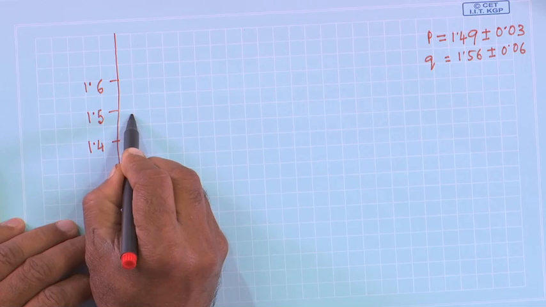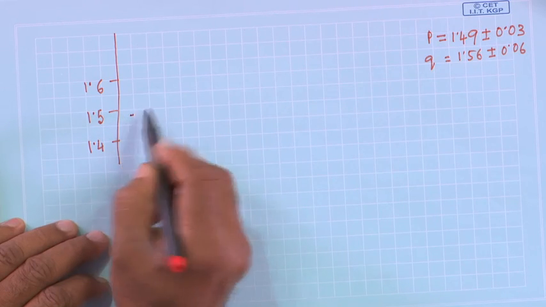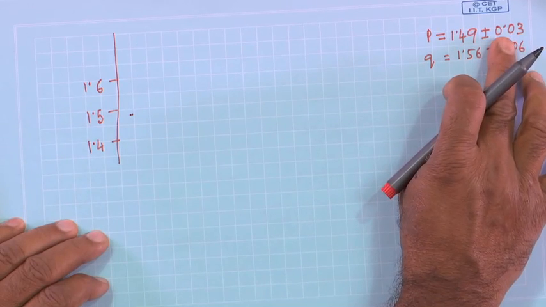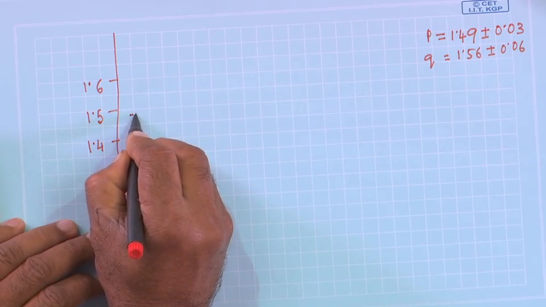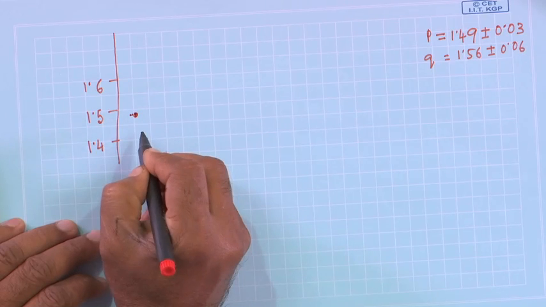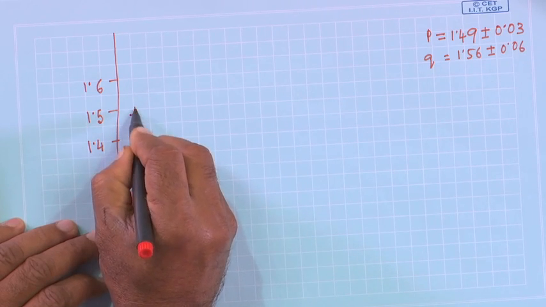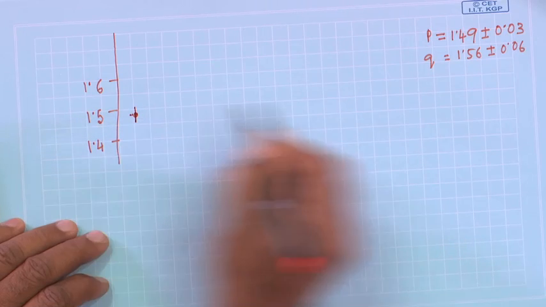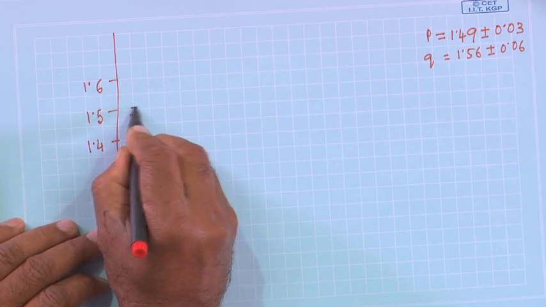So I can plot this value, this is the point 1.49, and then some error bar on this uncertainty, plus minus 0.03.